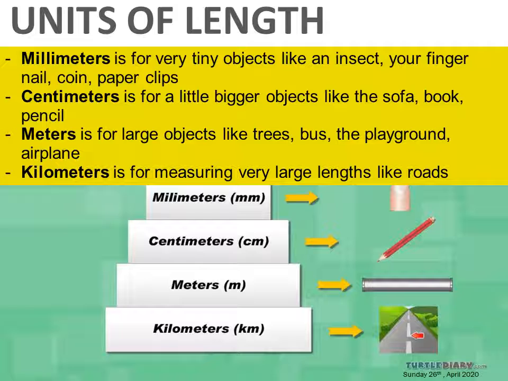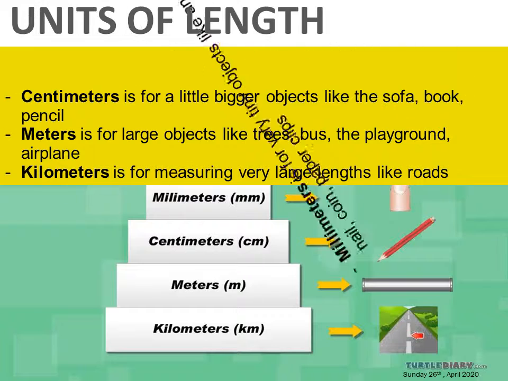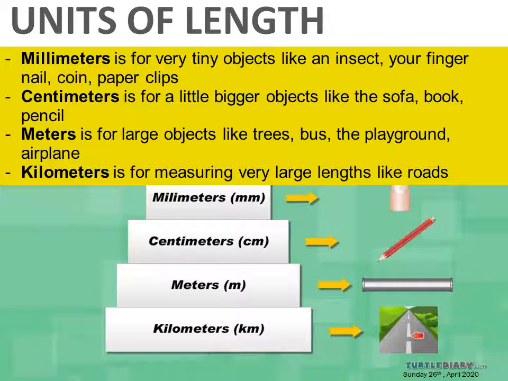Now let's see millimeters. Remember we said that millimeters is used for very tiny objects, like insects, your fingernail, coin, paper clips. We said it also in our last week lesson. What about centimeters? We use it to measure a little bit bigger objects like your book, your pencil, and some other smaller objects, your bag.